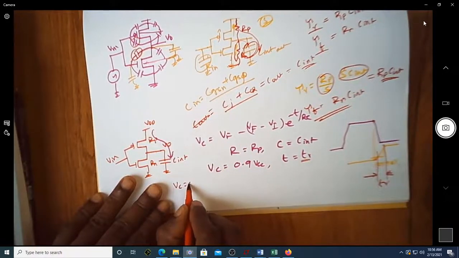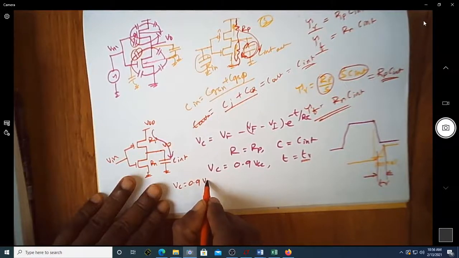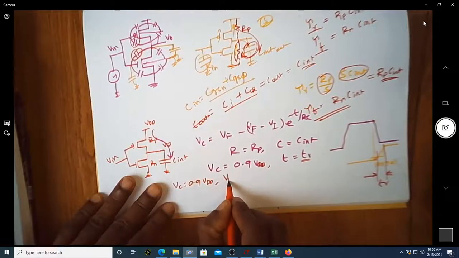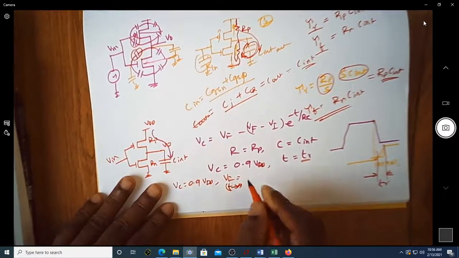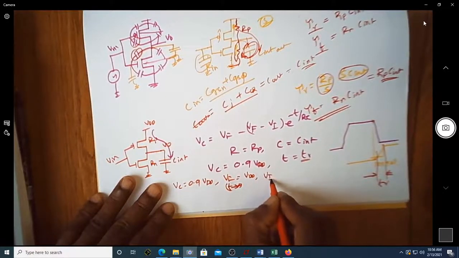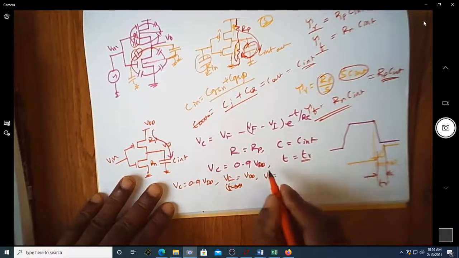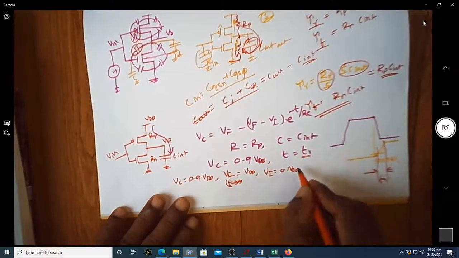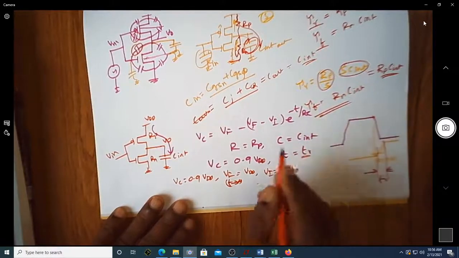So Vc is now 0.9 times VDD. V final, as t tends to infinity, we know that the capacitor will charge up to VDD. And V initial, let me consider as 0.1 times VDD. And of course R is equal to Rp, C is equal to C intrinsic.